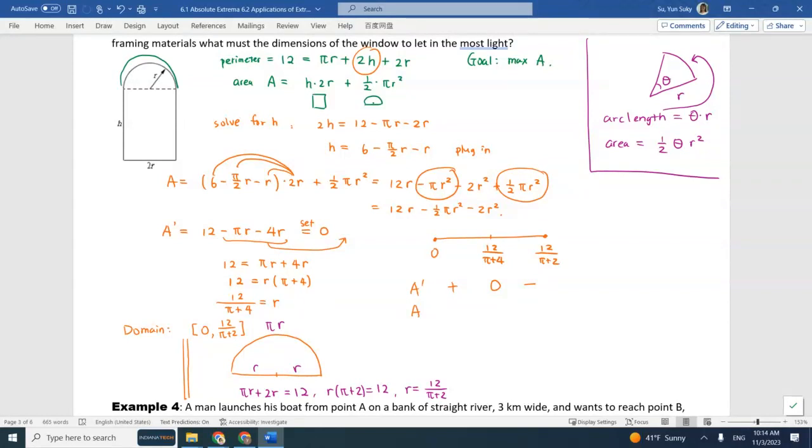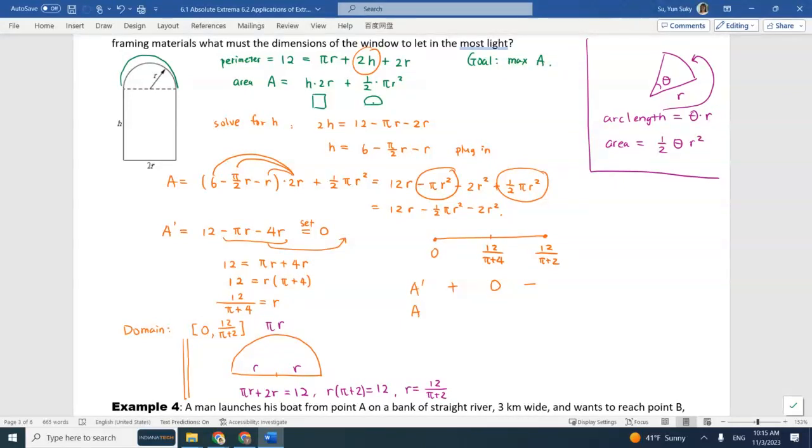The derivative. Do you remember how do we find maximum minimum? Yeah. We find the derivative, find the critical point, find the domain, separate the critical point. Then you pick a number on the interval, plug in the derivative. Yeah? And you see positive. Here you pick a number. If you don't know what this number is, it's okay. Just imagine if r is so big, where 12 minus a very big number, then it will be negative.